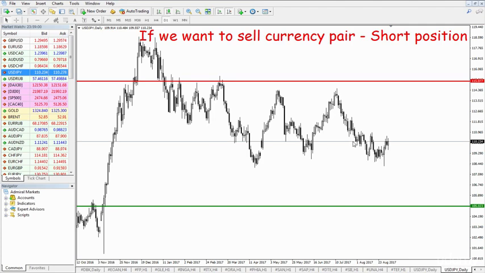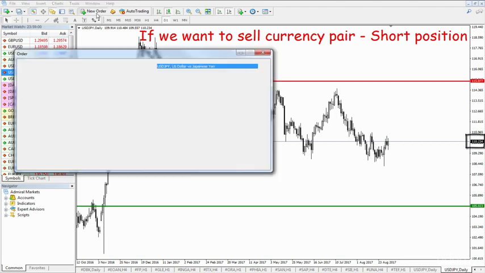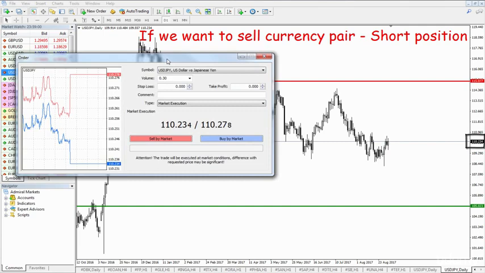Expect that the currency pair US dollar Japanese yen will fall. So if the current price is 110 yen per $1, and we believe that it will not go above 150, and we expect it to fall to a level of 105, in the stop loss field we will enter the amount 150, and we will enter the amount 105 in the take profit field, and then click on the Sell by Market box.